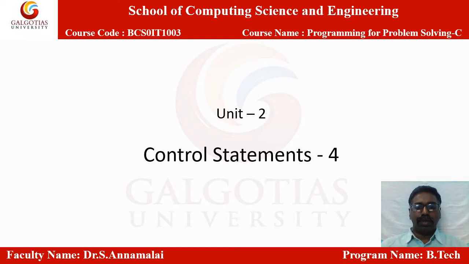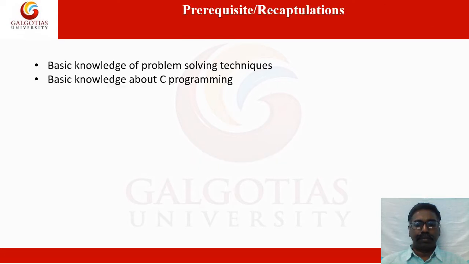Using this video, we are going to discuss the example programs of control statements, which comes under the course Programming for Problem Solving in C. The prerequisite of this course is basic knowledge of problem solving technique and some basic knowledge about C programming.